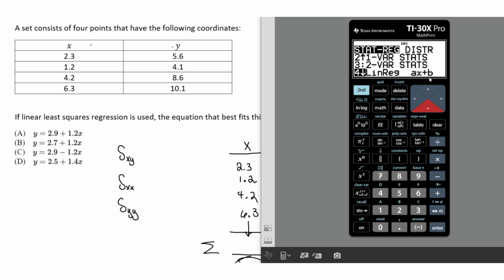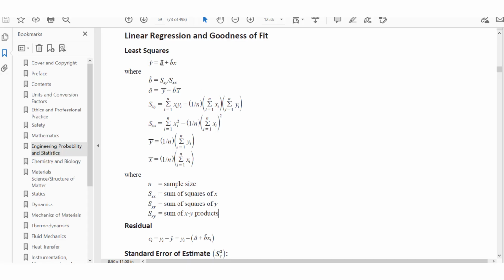And note here, the form that it's given is AX plus B. If we go back to our handbook, it has it in terms of A plus BX. This is confusing because the A and B are switched from our calculator, right? So don't get confused there. In the handbook, it's in this form.